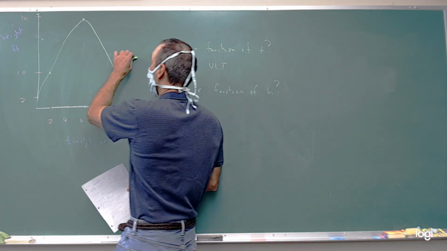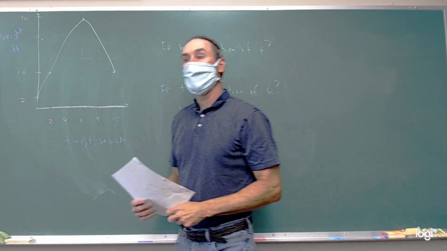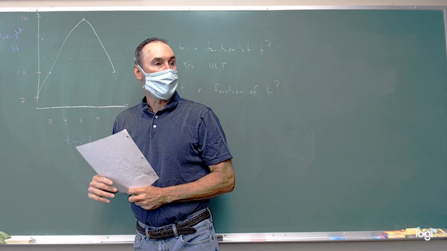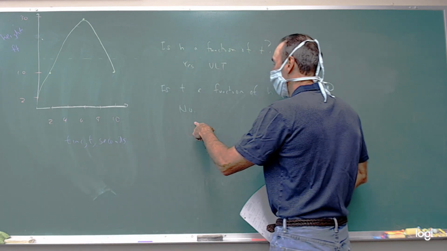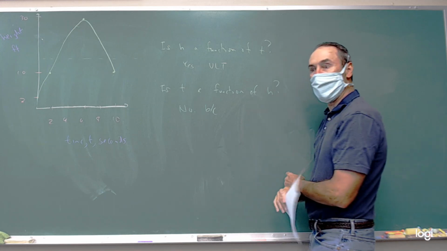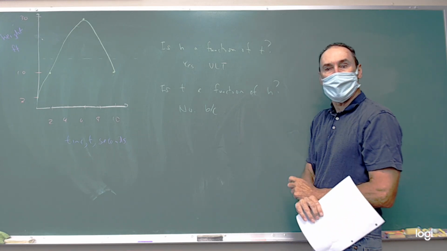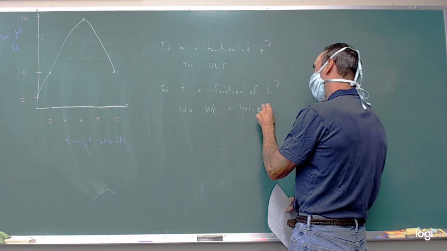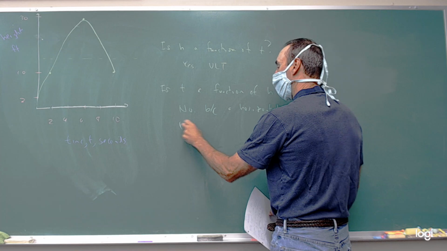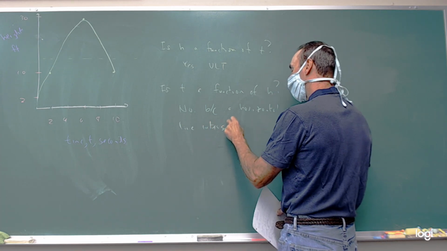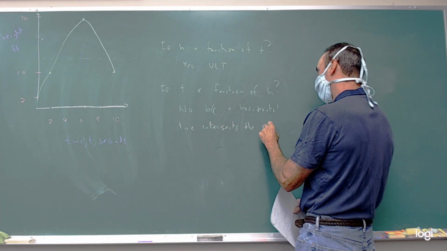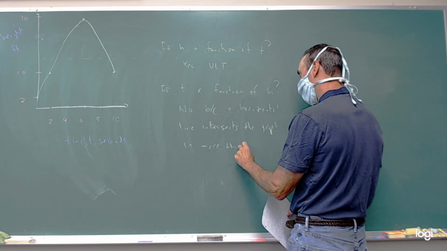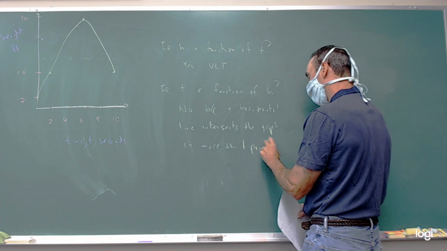So if a horizontal line intersects this in more than one point, then the independent variable is not a function of the dependent variable. So we can say no, and that would be because, I'm going to use that universally accepted abbreviation, a horizontal line intersects the graph in more than one point. Okay?